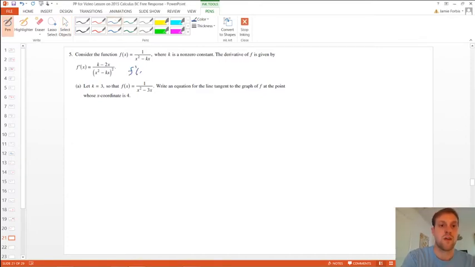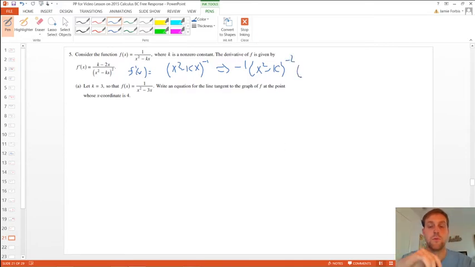f prime of x, remember, this is the same thing as x squared minus kx to the negative first power. If I take the derivative of that, it would be negative x squared minus kx to the negative second, times the derivative of the inside, which would be 2x minus k.